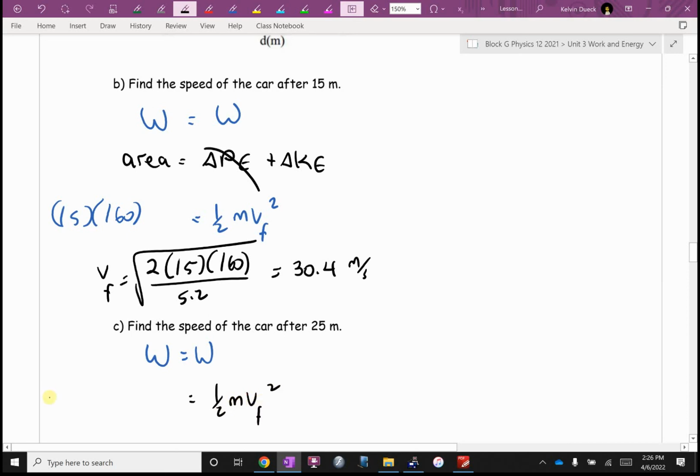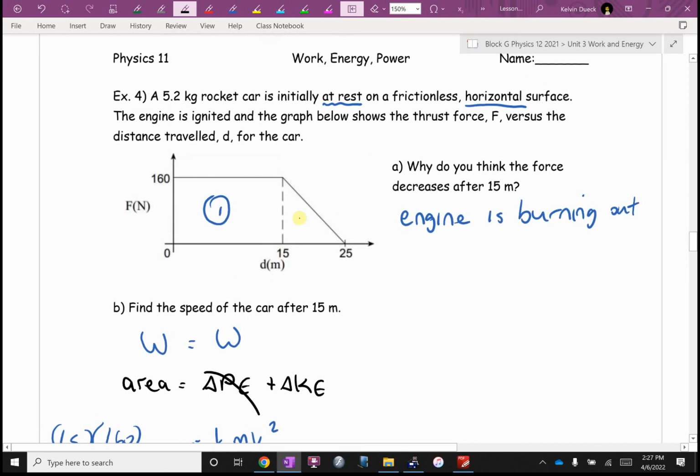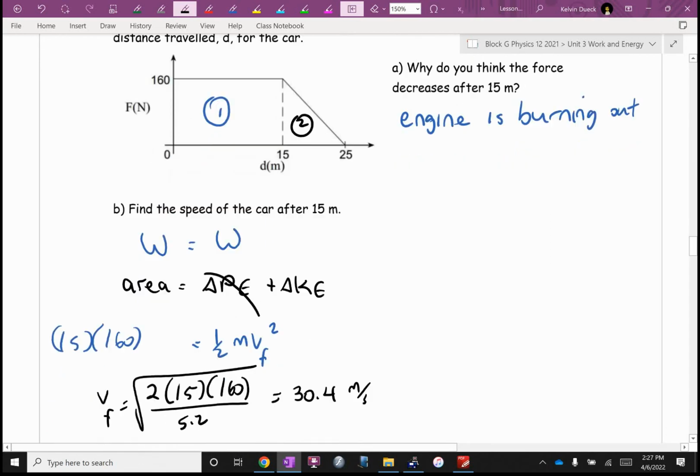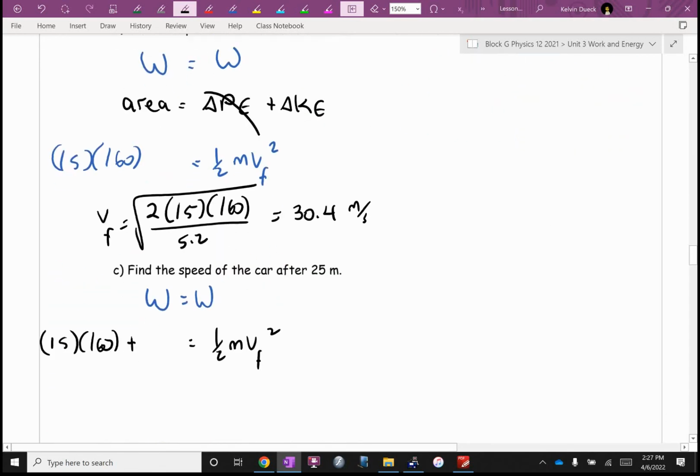But on the left, we're going to have the rectangle plus the triangle. Base times height divided by 2, I seem to recall. So 10 times 160 divided by 2.